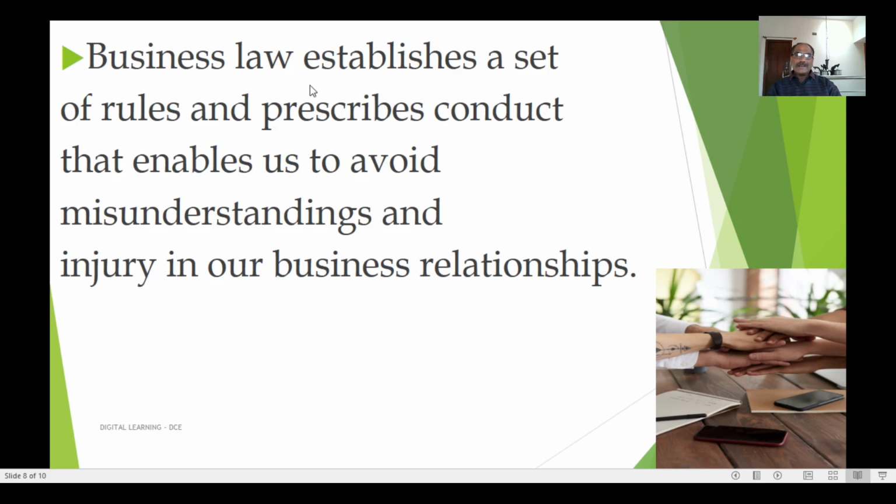And business law establishes a set of rules and prescribes conduct that enables us to avoid misunderstanding and injury in our business relationships.